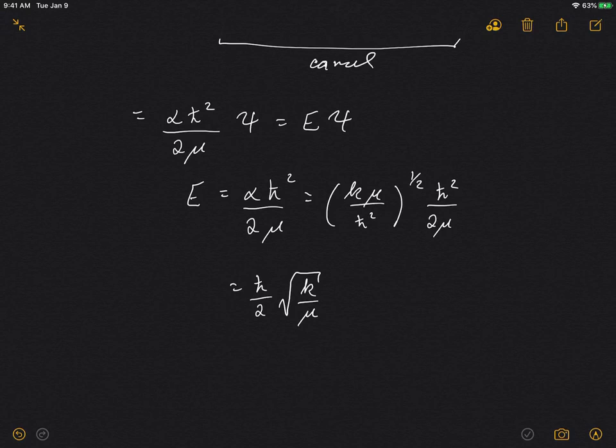These are just frequencies from the classical harmonic oscillator. They may or may not be useful. So it turns out that nu, the frequency from the classical picture, is 1 over 2 pi square root of k over mu.